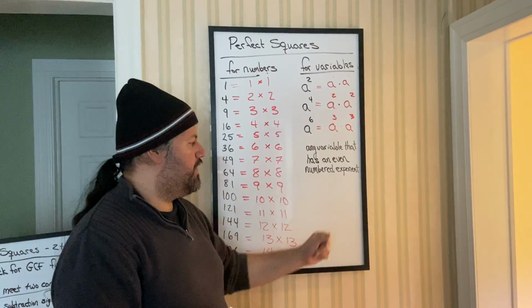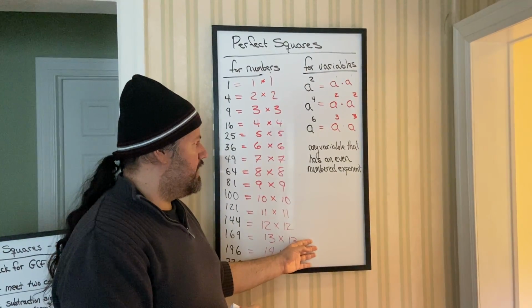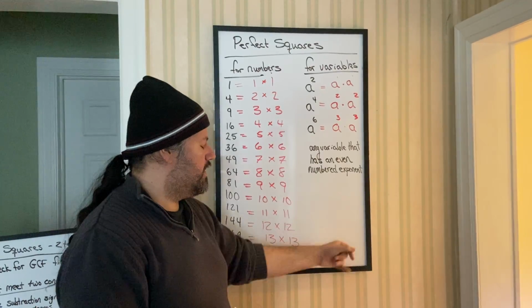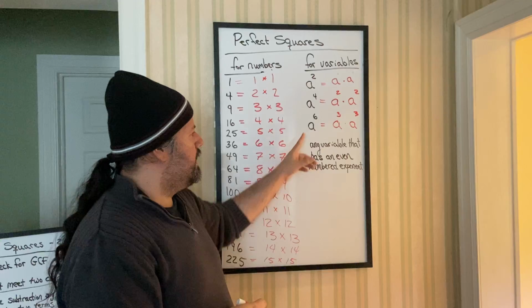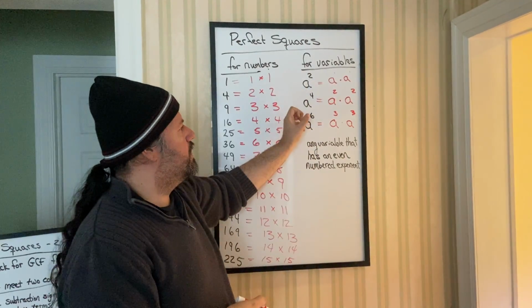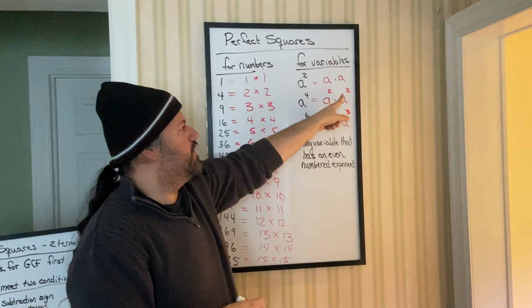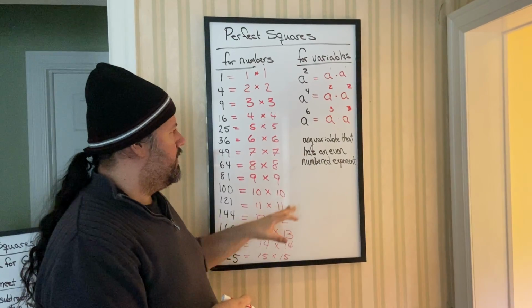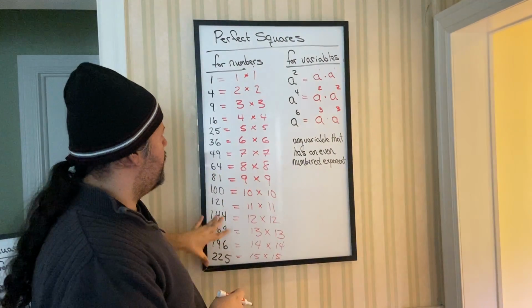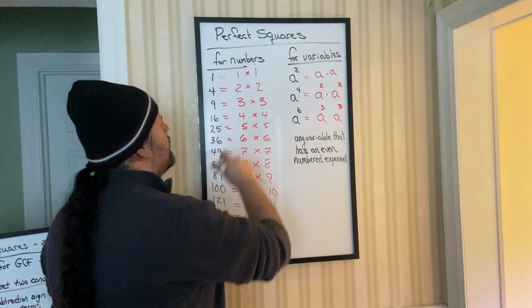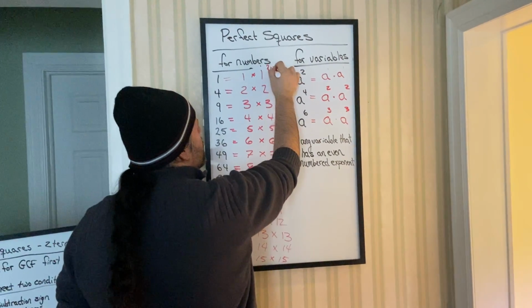So a to the 10th is a to the 5th times a to the 5th, or a to the 20th is a to the 10th and a to the 10th. Anything with an even number, just divide it in half and you'll be fine. Okay? So here's for the variables. Here's for the numbers. What's in red is known as the roots.